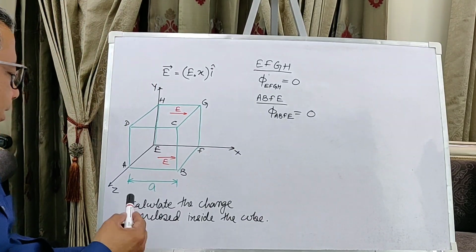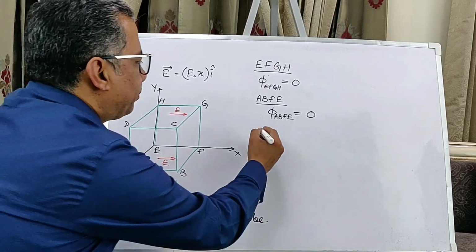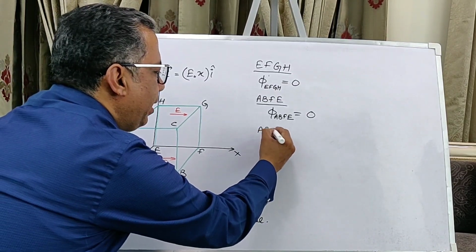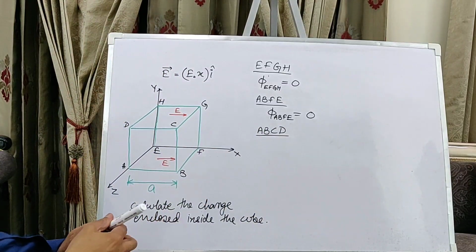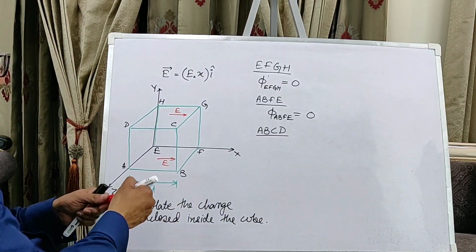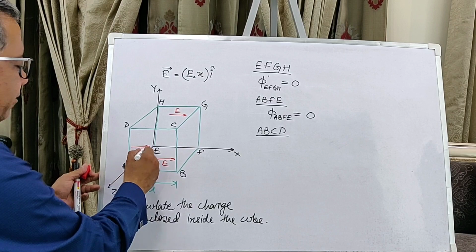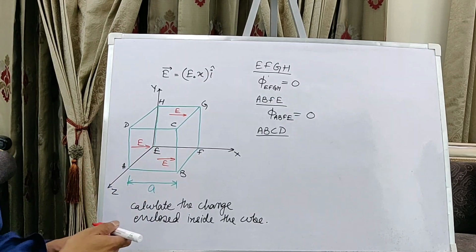Next we'll consider ABCD. Now as far as ABCD is concerned, again the electric field will be tangential to the surface.